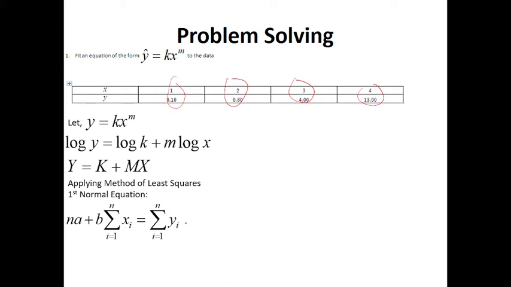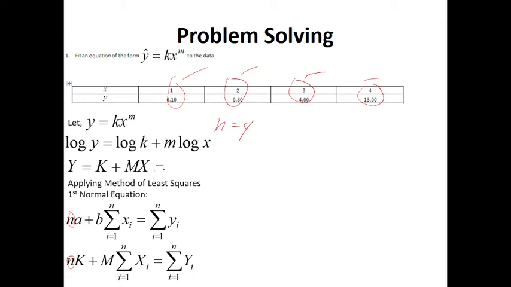So this was derived before, and we will apply it. So this n is the number of data values, which in here is 4. Then we have the parameter a.